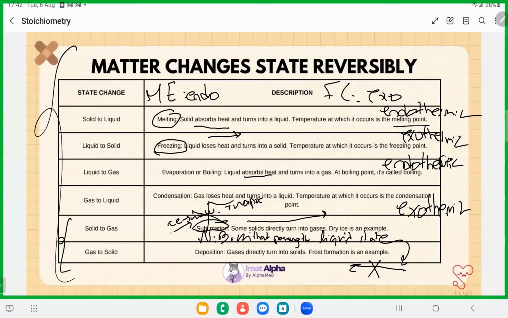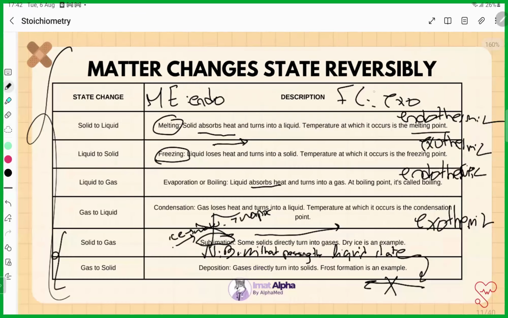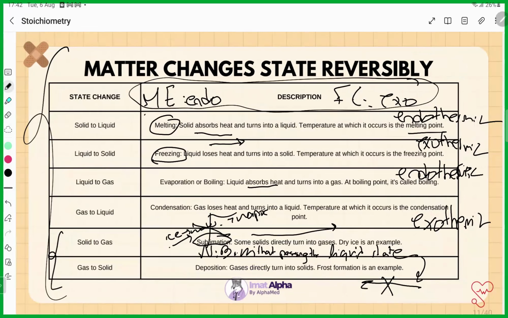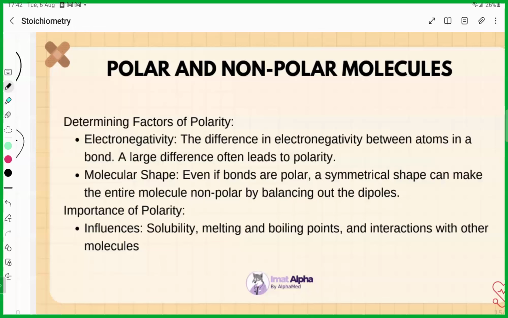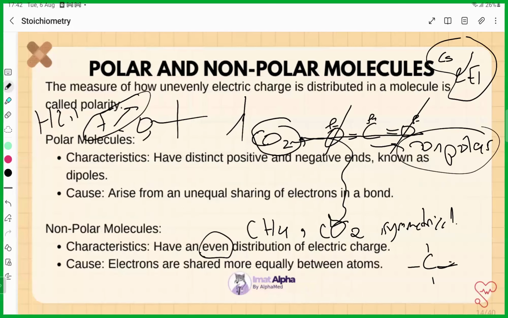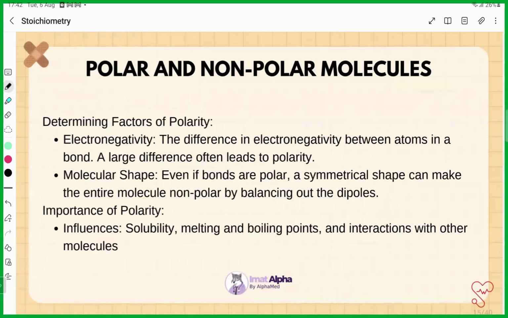Melting and evaporation are endothermic. This one here: freezing, condensation, melting, and evaporation. Okay, good.